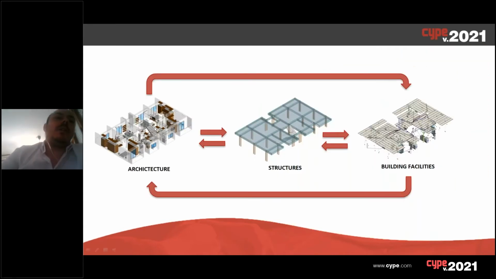So you have the architecture, the structures, the building facilities, and all the other areas that you can work, and all this information is integrated. So the softwares are connected between themselves, and you can send and receive information from them in a multitude of combinations, not just these 3 combinations that are very simplified here in this scan.